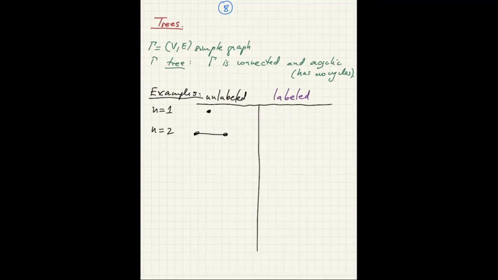So unlabeled, here I put the vertex 1, over there I just delete any name that I give the vertex. Unlabeled, for n equals 2, there's one edge. Labeled, with vertices numbered 1 and 2. So I'll just label them with numbers from 1 to n. Okay. So far nothing too special, you may wonder why in the world we do that. We'll see in a second.